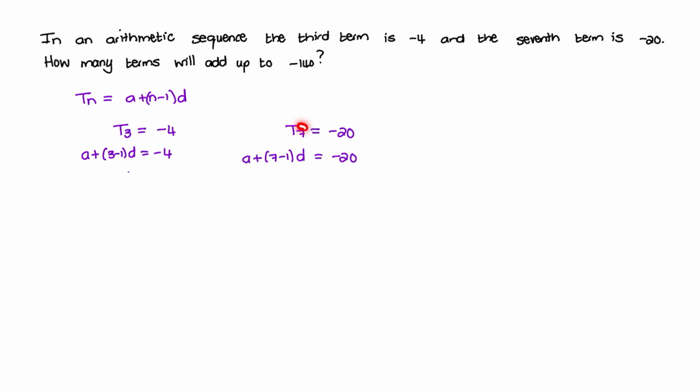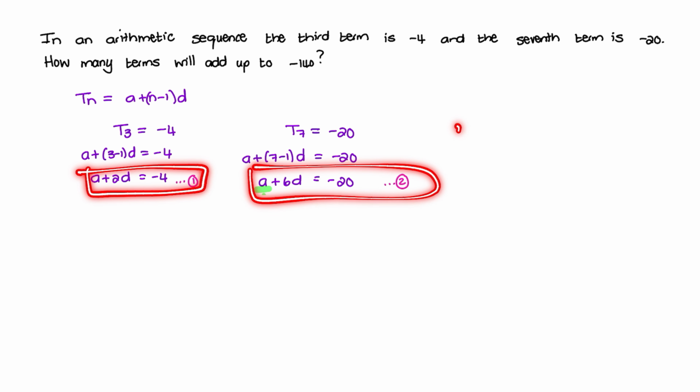And if I use 7 in the place of n, then I have a plus 7 minus 1d is equal to -20. And what that allows me to do is to find two equations in terms of a and in terms of d.